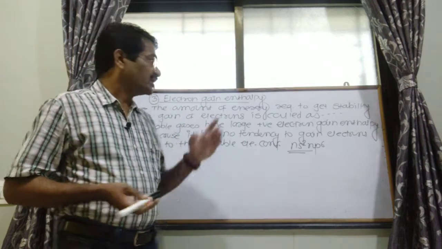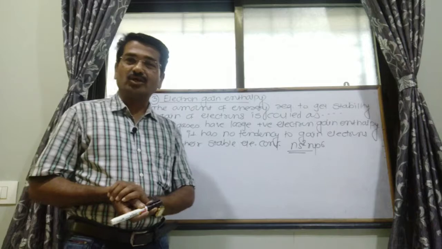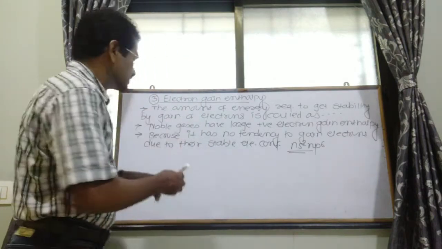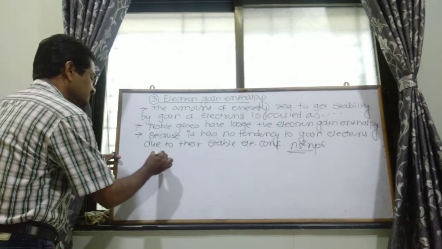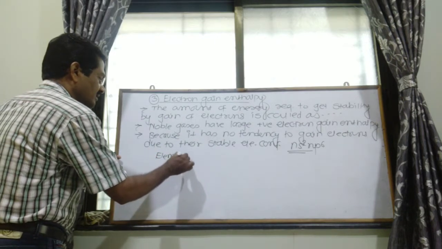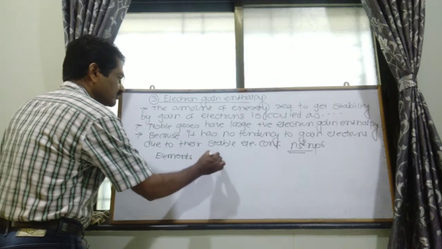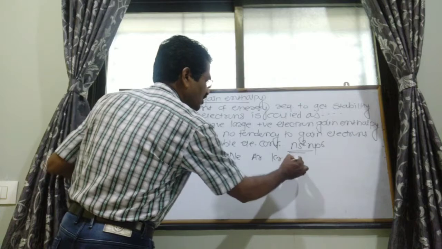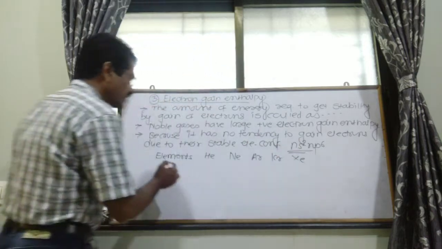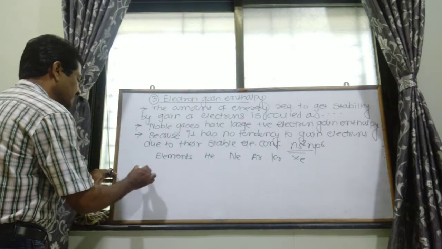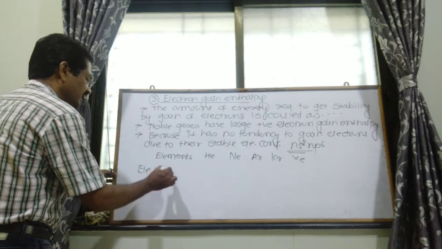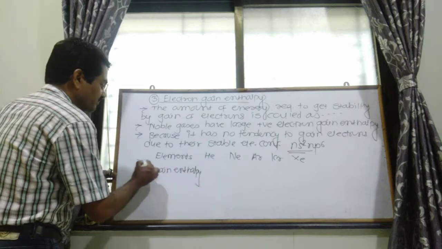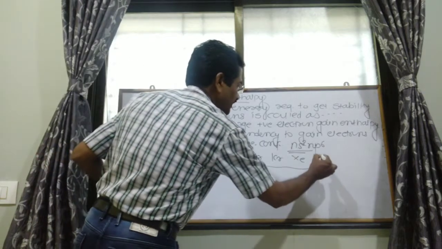Generally, the electron gain enthalpy in kilojoule per mole of each element is as follows. Suppose the elements helium, neon, argon, krypton, xenon, and their electron gain enthalpy values can be shown in this table.